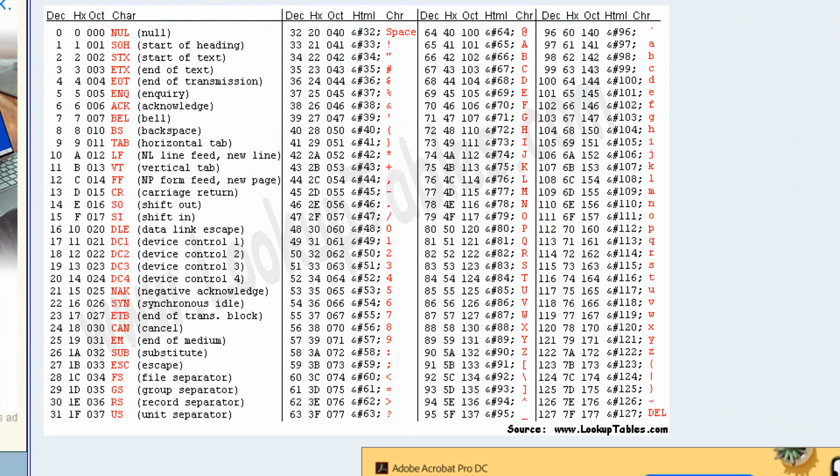So with 1 byte, you've got 256 different values. The bottom 128 of those values are well defined. And so they go here from decimal. So we've basically got from 0 up to 31, and then the next set, and so on until we get to 127 where a delete character lives.